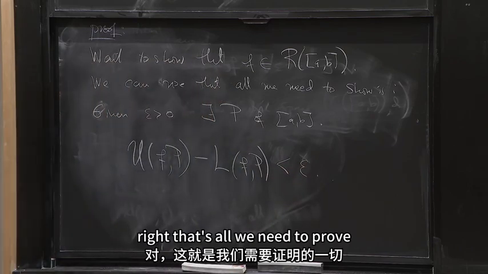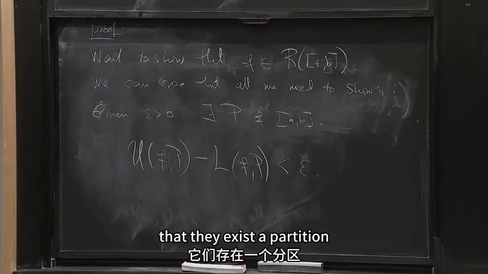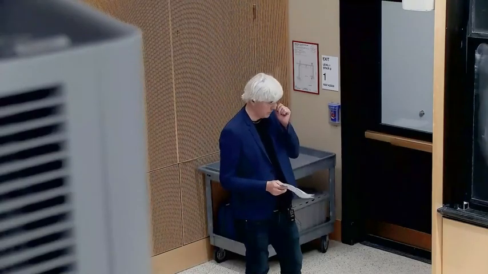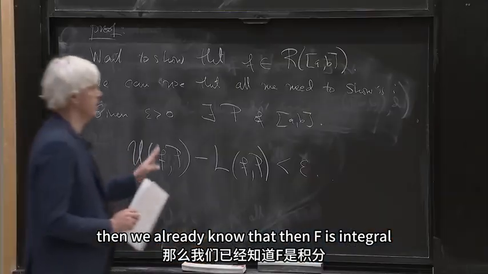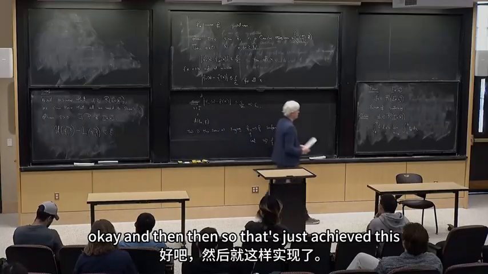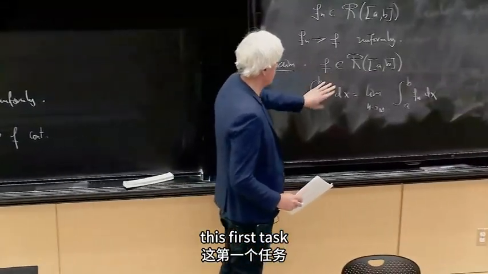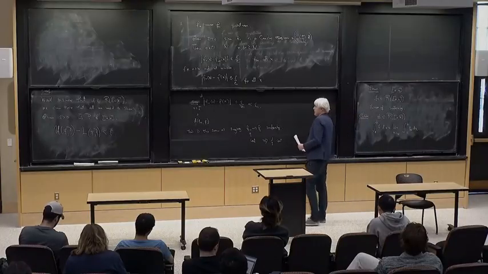That's all we need to prove. We need to prove it for each epsilon, and that there exists a partition. If we have that, then we know that f is integrable. Okay, that achieves this first task, and then afterwards we need to prove the rest.